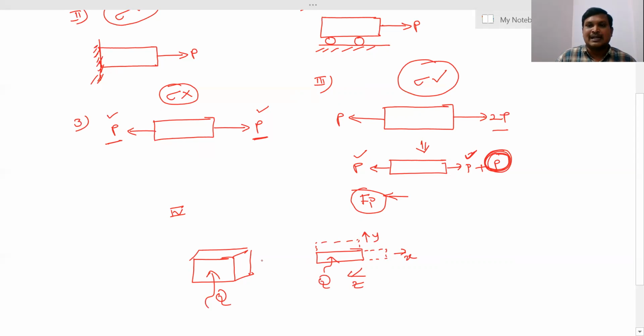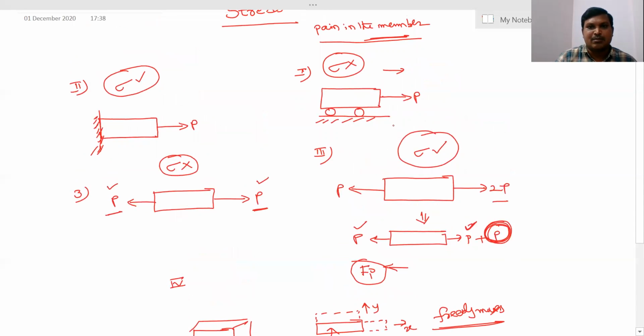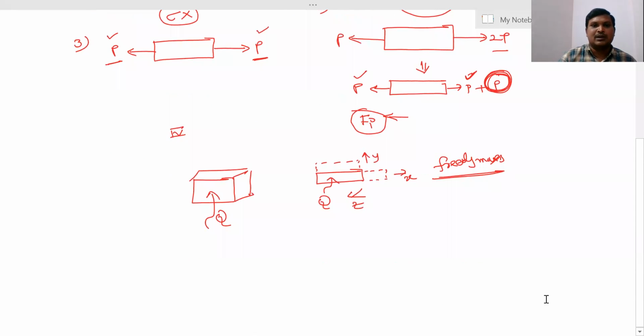Whenever you heat any member, any body, definitely the body tries to expand. So in this case, the body moves freely. Whenever the body moves freely, as in the first case, there is no stress developed. So in this case also, no stress is developed. If you supply heat to a member in nature, it tries to expand freely.